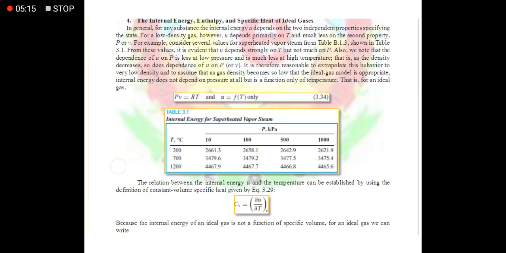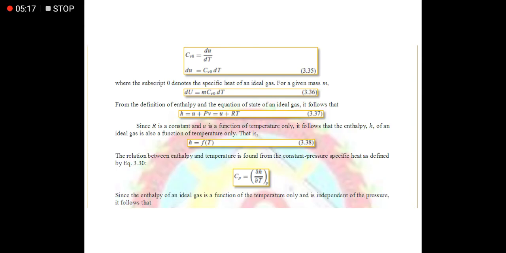So yun. Same for our constant pressure naman, no? We know that specific heat at constant pressure is equals to change of enthalpy over change of temperature.